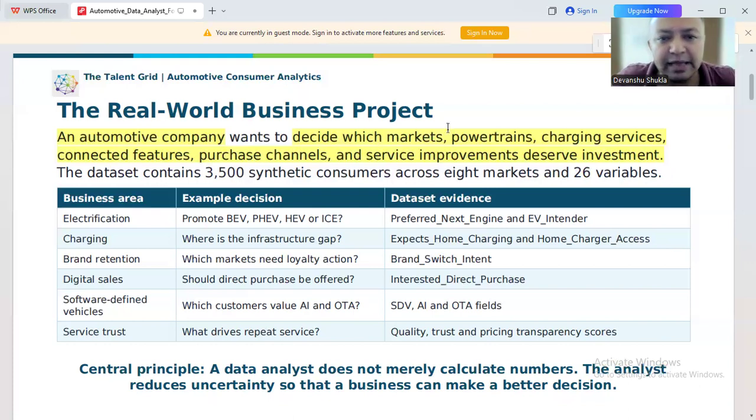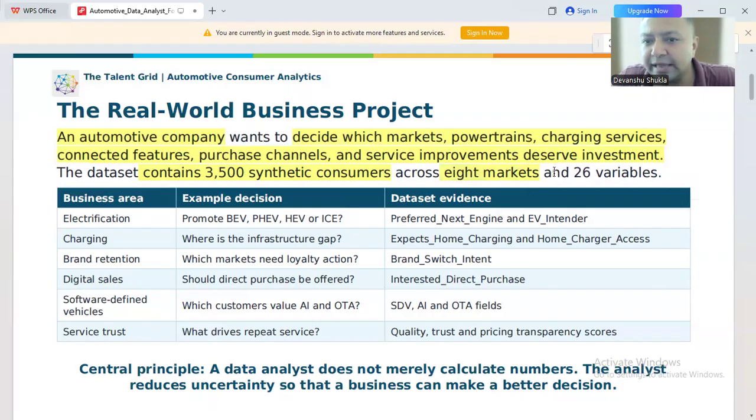So here we are going to take a synthetic data set. Our current data set contains 3,500 synthetic consumers. The original study has 28,500 consumers. In our data set, we have around 3,500 consumers, and these consumers are across 8 markets.